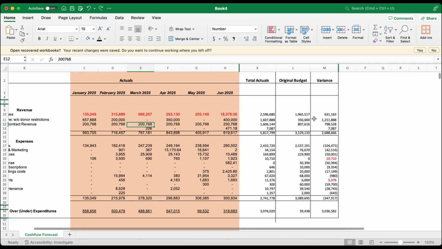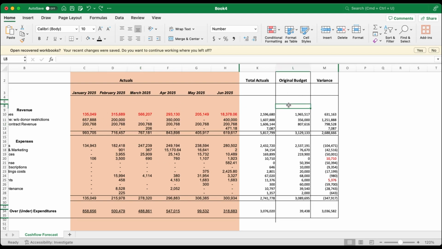Now, here's the other part that we like to add to the cash flow forecast. We're summing up all the actuals, right? So all that's in this column K is just a summation of what's happening in column C through H. Column L, however, is the budget. This is the organization's budget, and then we're drawing a variance between total actuals and then the budget, because this is just letting us know where we're falling in relation to the budget.